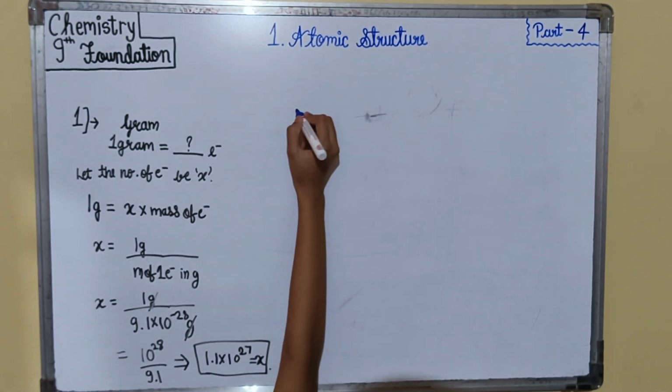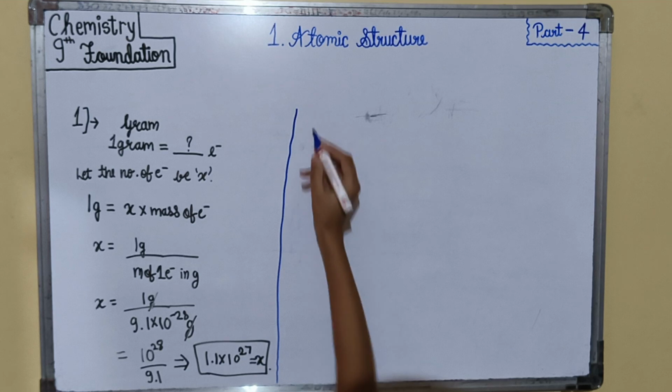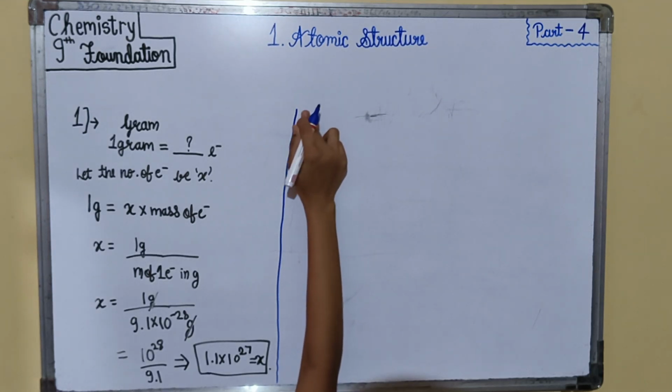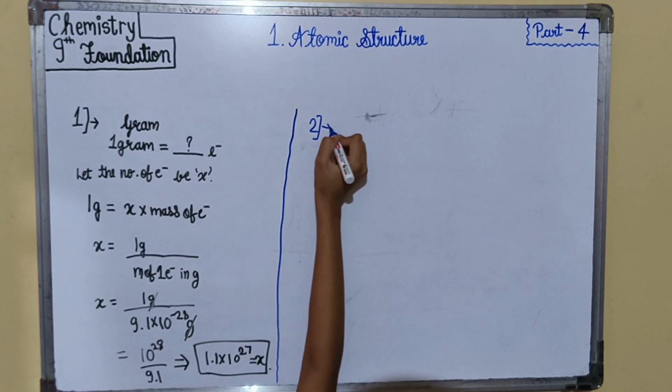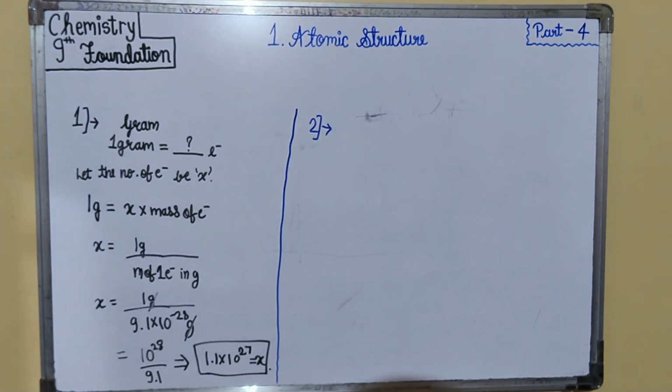Now the second question is: calculate the mass and charge of electrons whose number is equal to the number of calcium atoms present in its gram atomic weight.